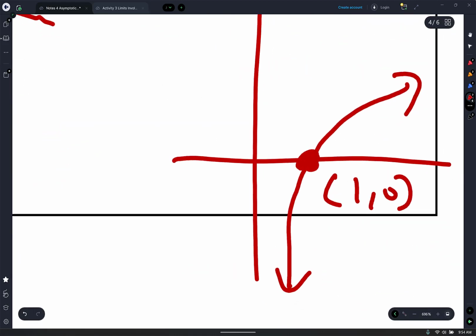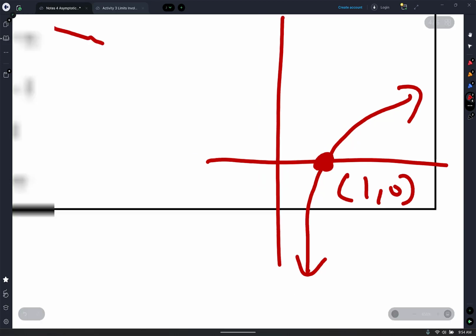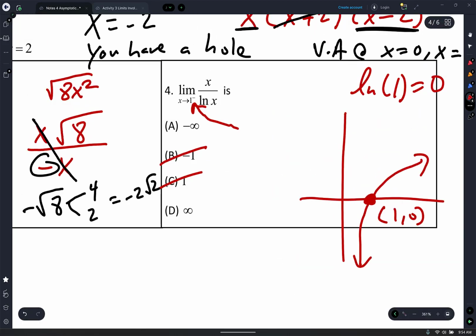If I approach 1 from the left, am I going to have numbers that are really, really small in the negative direction or the positive direction? Yeah, in the negative, right? Negative 0.1, negative 0.001, negative 0.00001, the y values. So 1 divided by a really, really small negative number is going to be negative infinity.